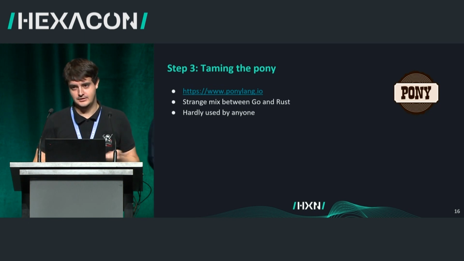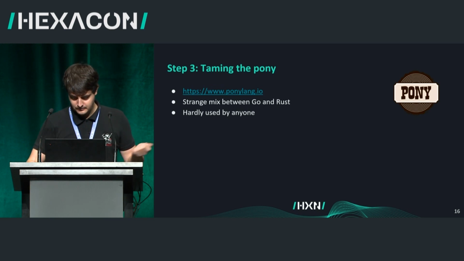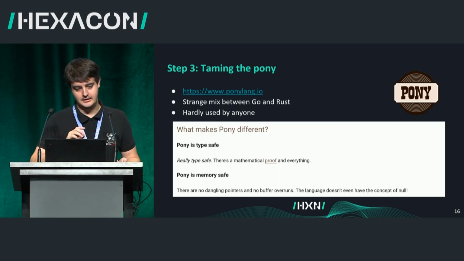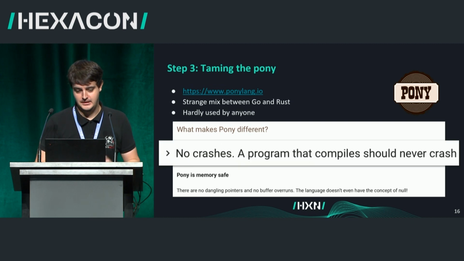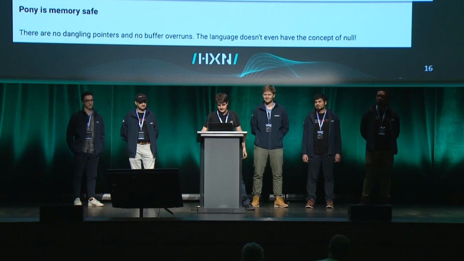It's not very used, not very well known, and the language is based on threading and actor-based code, and it is a memory-safe language. The code is compiled to native code, and from the documentation, it is type safe and memory safe. There should be no crashes when you run a binary. We'll see that this is not applicable to all the APIs.